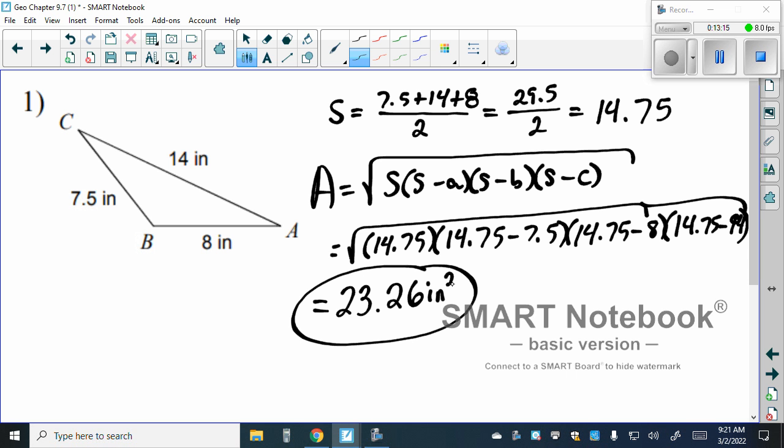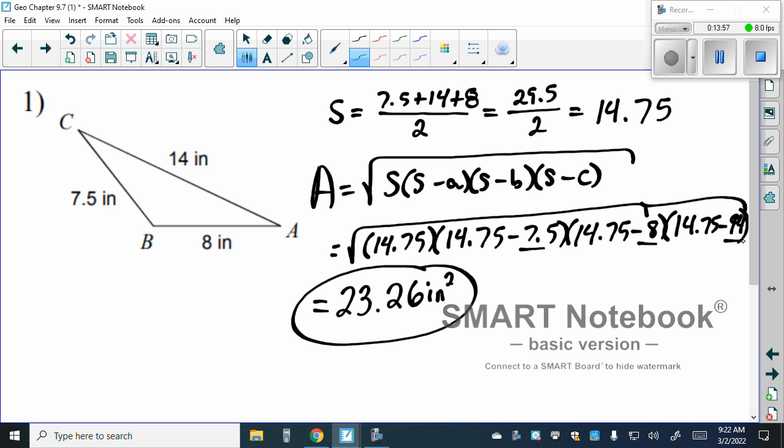The values of A, B, and C will never be greater than S. Because we're adding three different lengths together and dividing it by 2. The only way that any of them would be the same is if we were dividing it by 3. Because we had side lengths of 7.5, 8, and the last side length that we didn't use, 14.